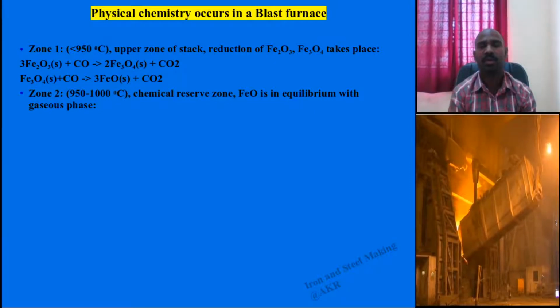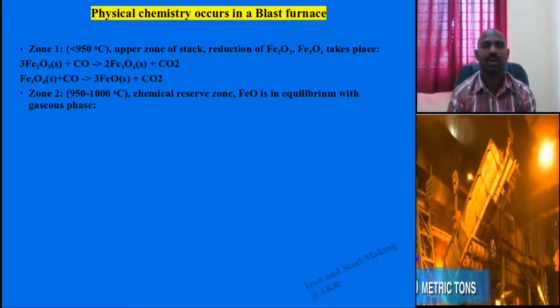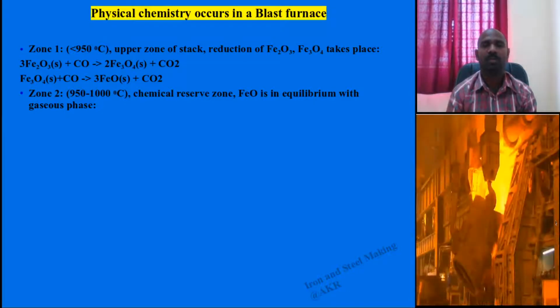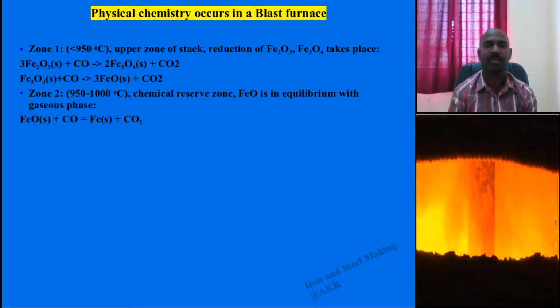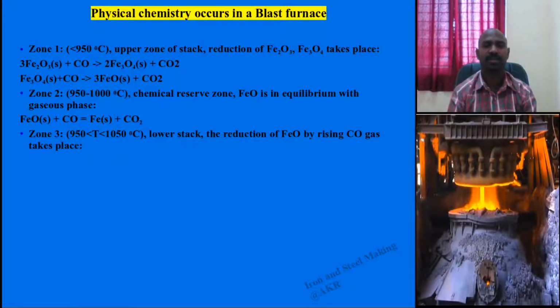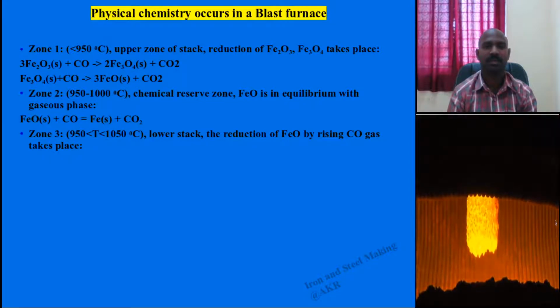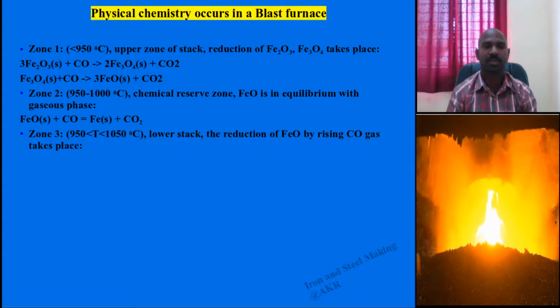In this particular zone 2, the CO repeatedly reacts with the iron oxide and finally gives FeO. That particular FeO goes from the indirect reduction into the direct reduction reaction state. And zone 3, which is between 950 to 1050 degrees Celsius, is the lower part of the stack, where the reduction of FeO with CO takes place.